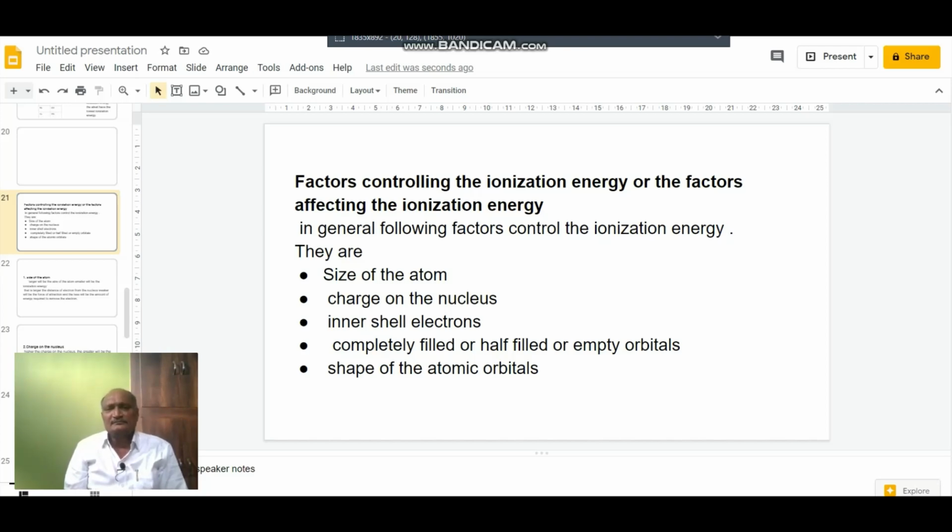Size of the atom, charge on the nucleus, inner shell electrons, and completely filled, half filled or empty orbitals also control the ionization energy. Similarly, the shape of the atomic orbital, either an s orbital, p orbital, d orbital or f orbital, also controls the ionization energy values.